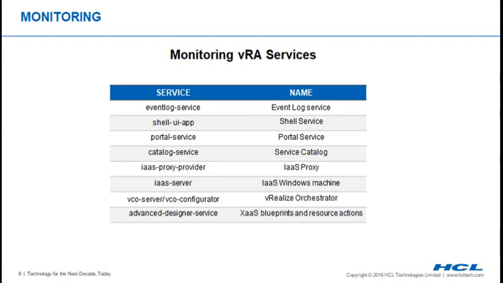So what happens is the services group themselves into powering a particular component on vRealize. Like for example, the event log service as well as the authentication service, authorization service, and the licensing service collectively power up the identity service group.